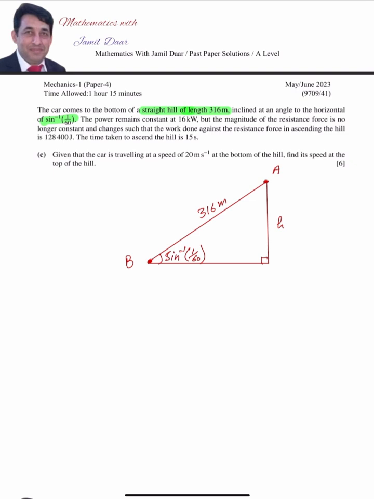So the height is, you know that sine theta is equal to h over 316. So h is equal to 316 sine theta, and theta is sine inverse 1 by 60.